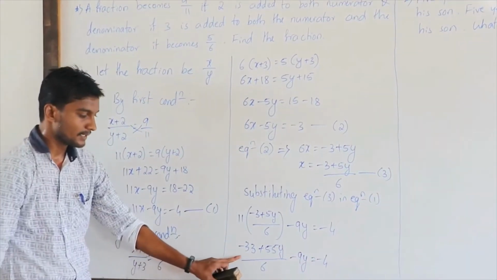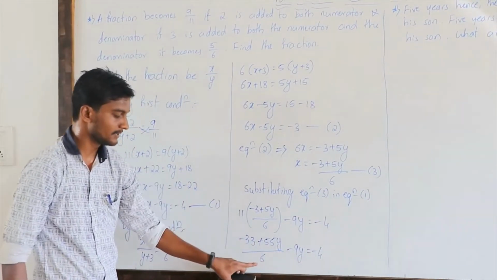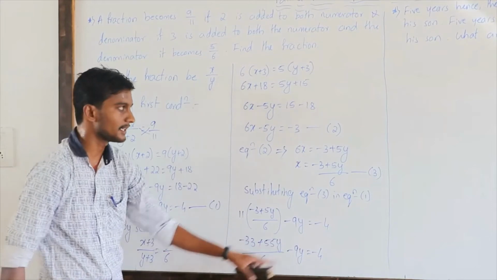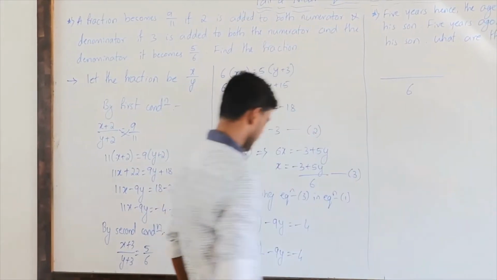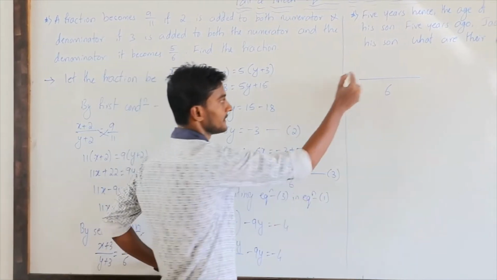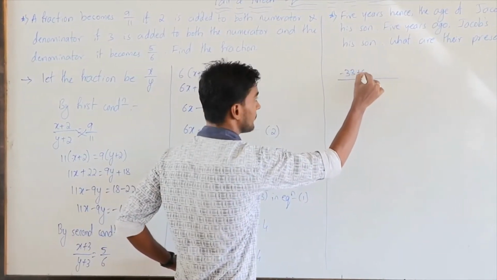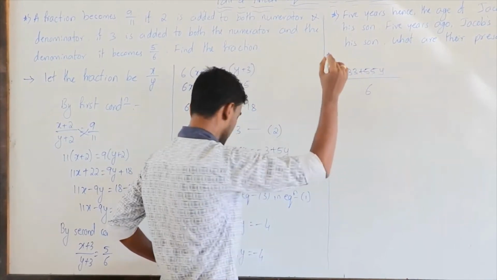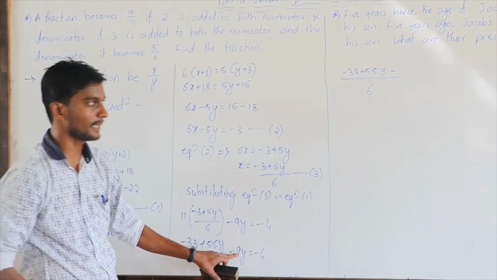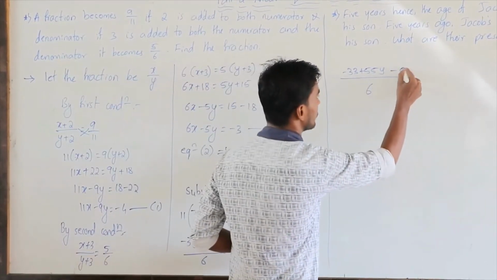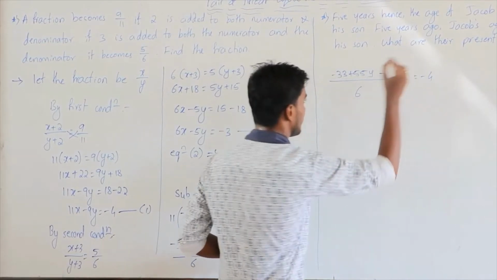Next, take the LCM. Where there is no number, it is always 1, and here we have 6 in the denominator. Take the LCM of both of them, it becomes 6. So minus 33 plus 55y minus 6 into 9, which is 54y, is equal to minus 4.